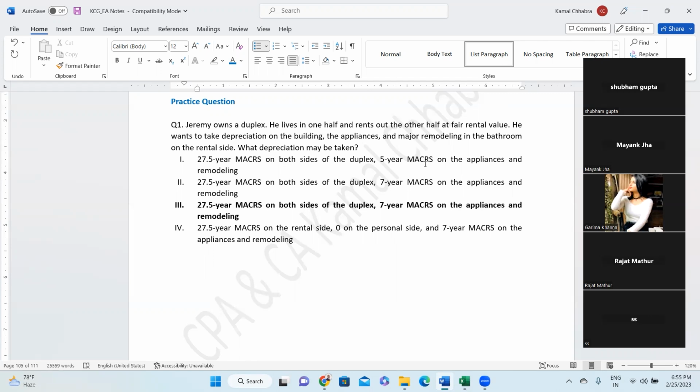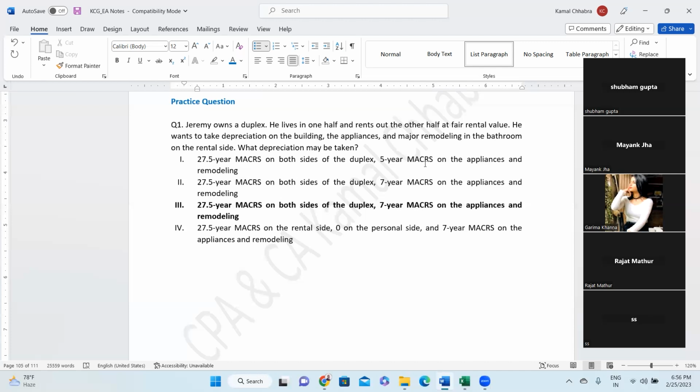The first option is 27.5-year MACRS on both sides of the duplex, and 5-year MACRS on appliances and remodeling. Second is 27.5-year MACRS on both sides of the duplex, and 7-year MACRS on appliances and remodeling. The third is 27.5-year MACRS on both sides of the complex, and 7-year MACRS on appliances and remodeling.